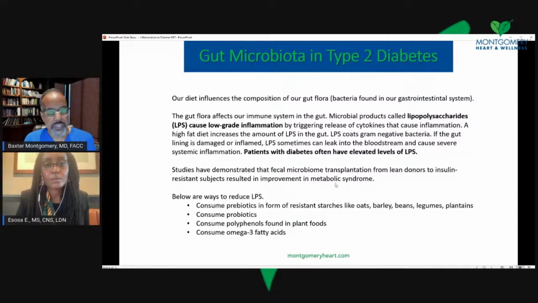So it's sort of, you got the fat diabetics taking stool from the skinny folks and getting better from it. But anyway, below are different ways to reduce lipopolysaccharides. You can consume prebiotics, consume probiotics, consume polyphenols and plant foods, consume omega-3 fatty acids.